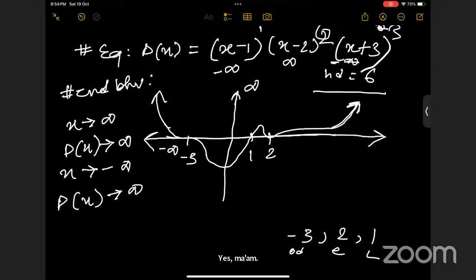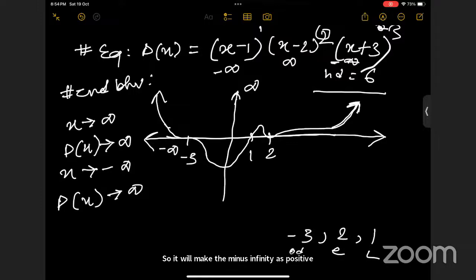This is one way. And the second way is we have 3 factors, right? In the first factor, we are getting minus infinity, because x is tending to minus infinity, so x minus 1 will be tending to minus infinity. The second factor, we have a square, so it will make the minus infinity a positive infinity because of the square.